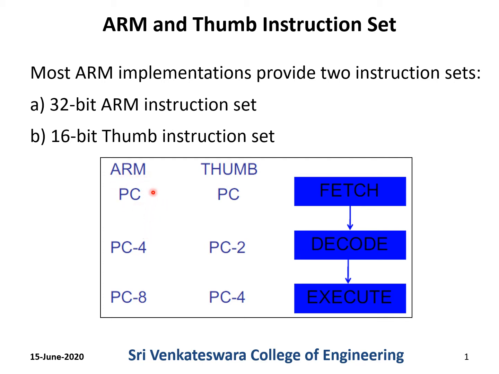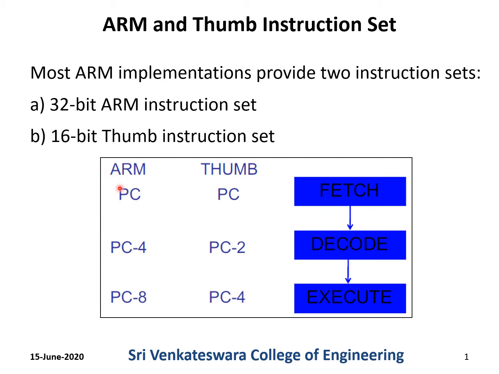So that is why here it is shown as PC, which points to the next instruction to be fetched, PC minus 4, which was the instruction currently being fetched and available in the fetch stage, and PC minus 8 is the address of the instruction that is available in the decode stage, and PC minus 12 will be the address of the instruction that is presently available in the execute stage.